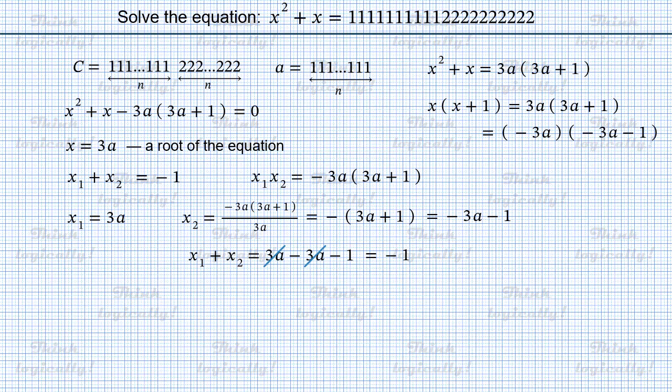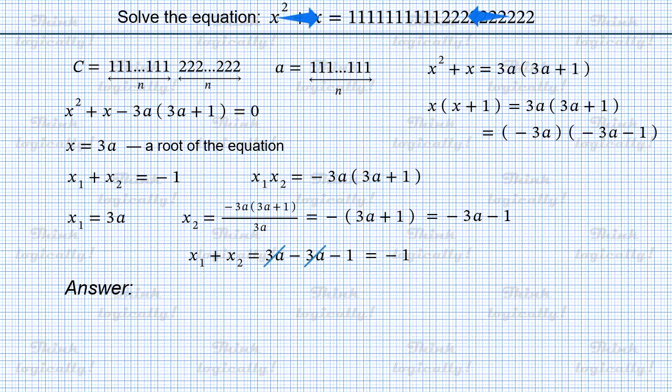We found both roots of the equation, but what we've got is not yet suitable as the answer, because we need certain values, not something depending on internal value a. So let's write the answer in the proper way. a is the number written with n ones, but the given equation corresponds to n equals 10.